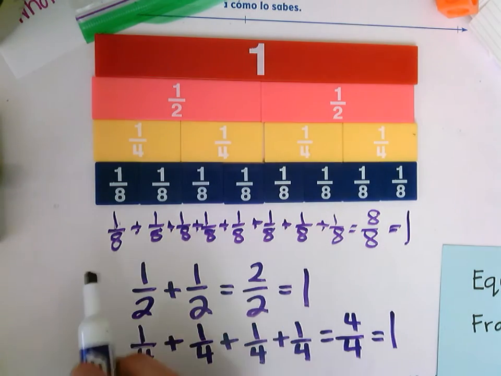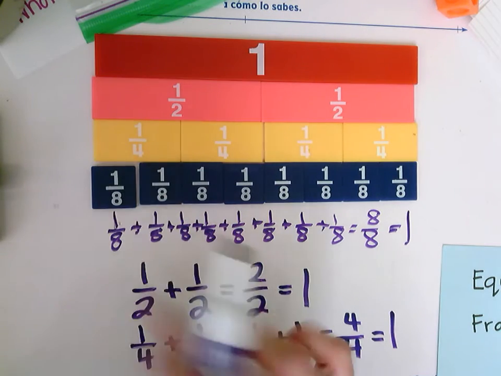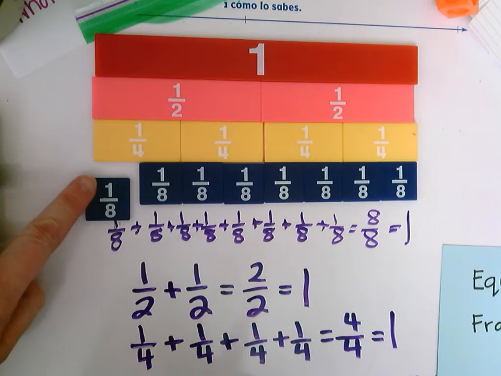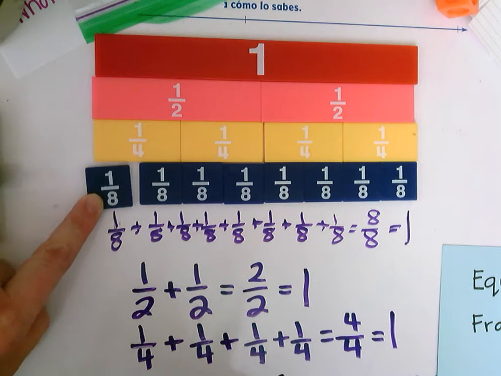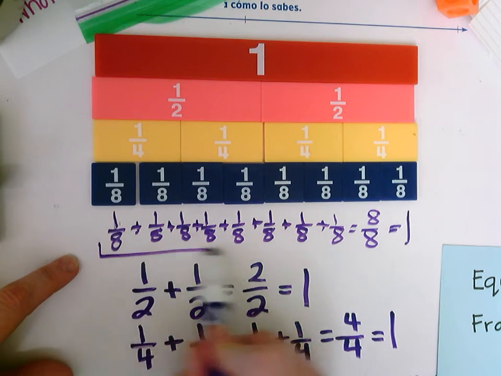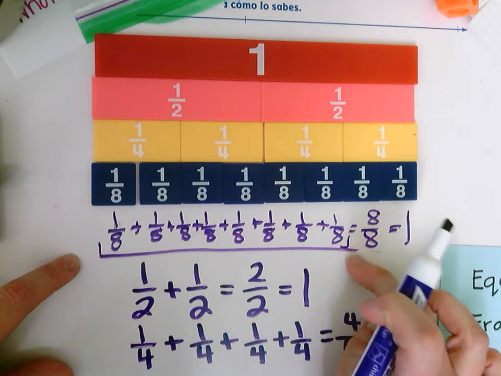So whenever you have the same number of unit fractions, a unit fraction is a fraction that has a 1 in the numerator and that number of pieces in the denominator, that's a unit fraction. So I have 8 eighths, that's going to equal 1 whole.